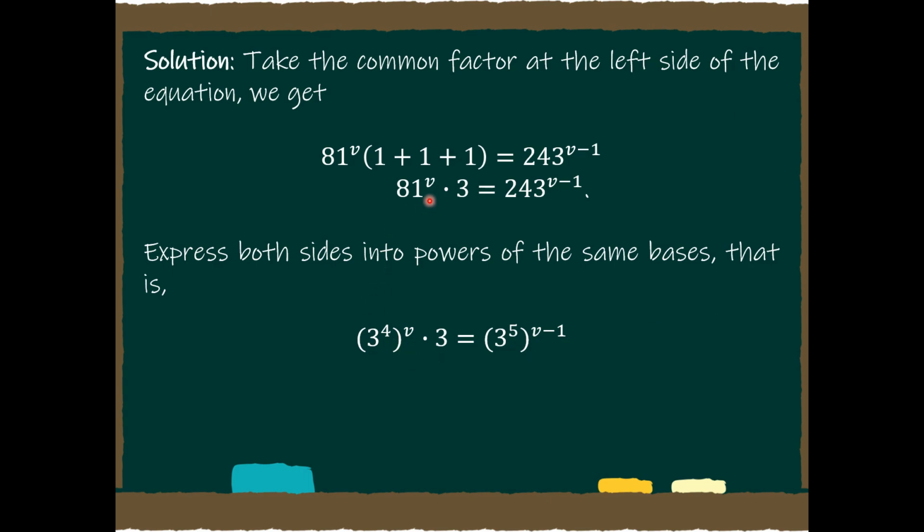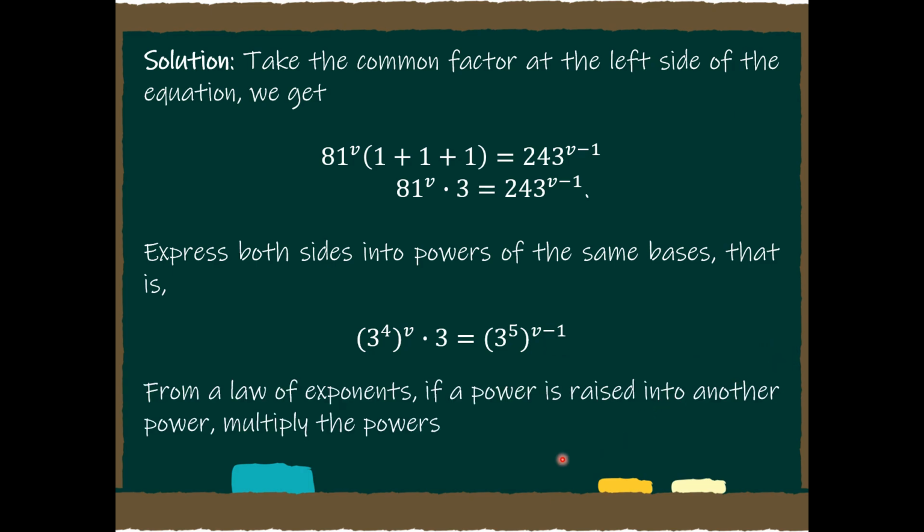That is, for 81 raised to v, you have 3 raised to 4, then raised to v, times 3, equals 3 raised to 5, raised to v minus 1. Then apply a law of exponents: if a power is raised to another power, multiply the powers.